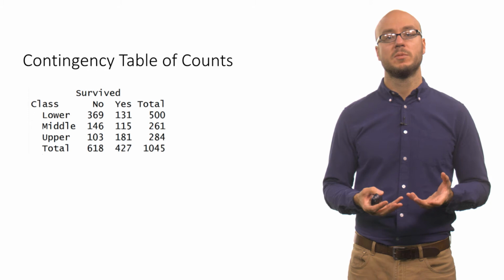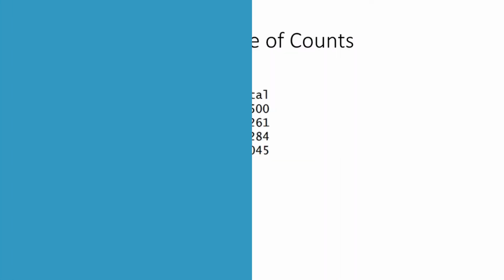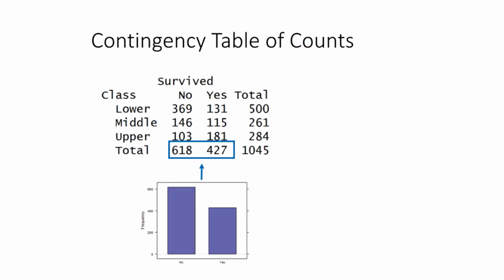So with a contingency table of counts, we can think of graphing the marginal or unconditional distributions using a simple bar graph, which we've already talked about. For example, right here, we're showing a bar graph of the unconditional distribution of those who survived. The first bar shows 618 people who did not survive overall, and overall 427 people did in fact survive.